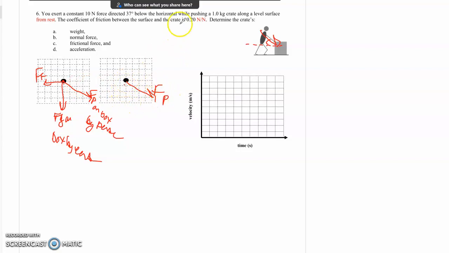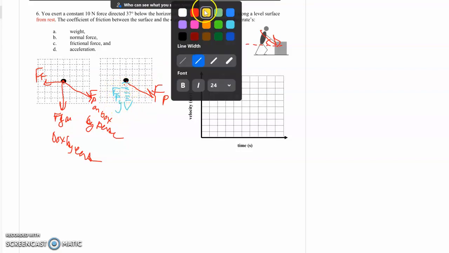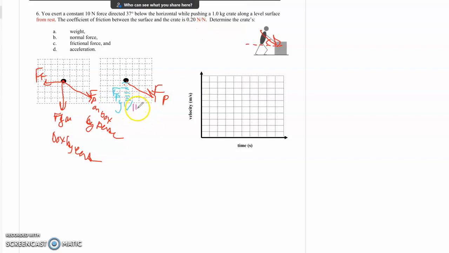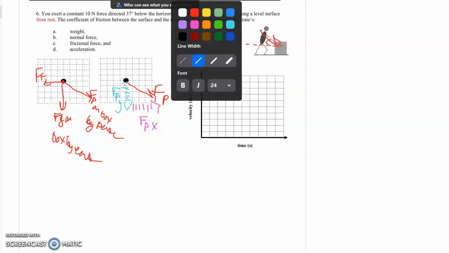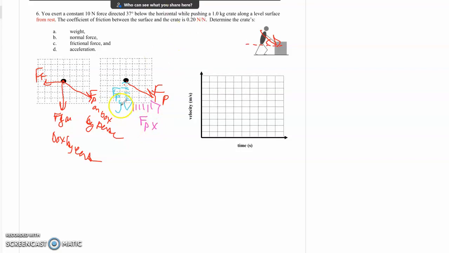And the force push is going to have a force push Y and force push X. And let's see, so there's the theta.